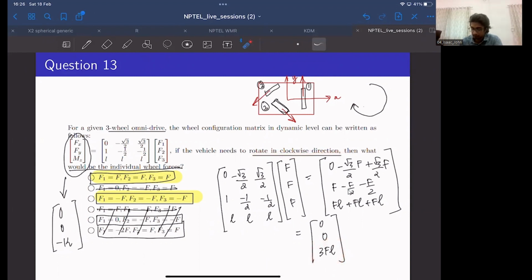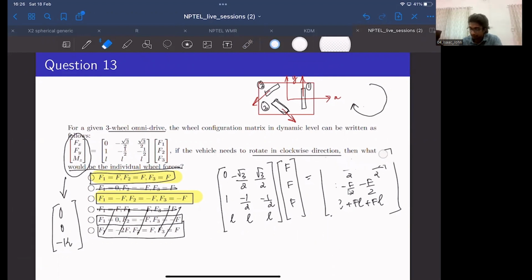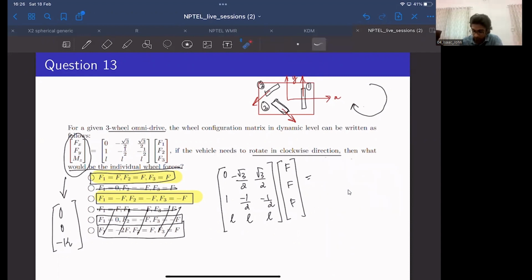We would want a negative constant at the third row. So if we want to get that, we would have to flip all the signs of the individual wheel forces. First force would be negative F, second would also be negative F, third will also be negative F. So if we again multiply this out, this would be root 3 by 2 F minus root 3 by 2 F. The second row would be minus F plus F by 2 plus F by 2.